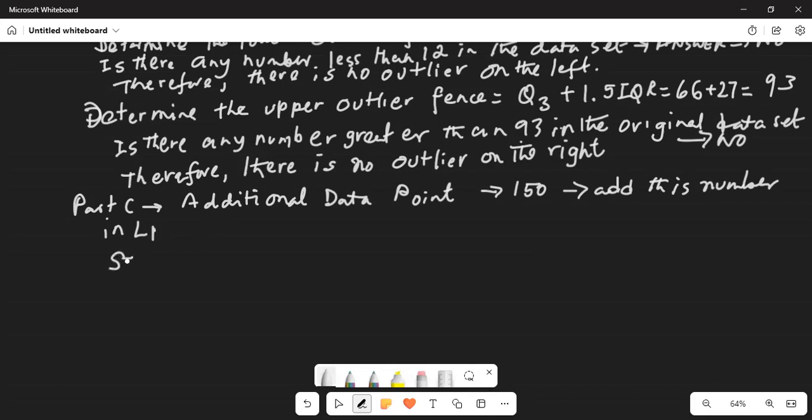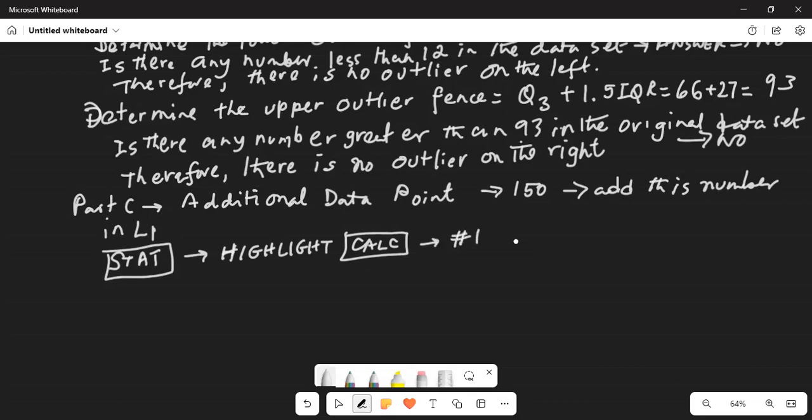Stat, calc, highlight calc in the top row, and then select number 1, which is 1-Var Stats.